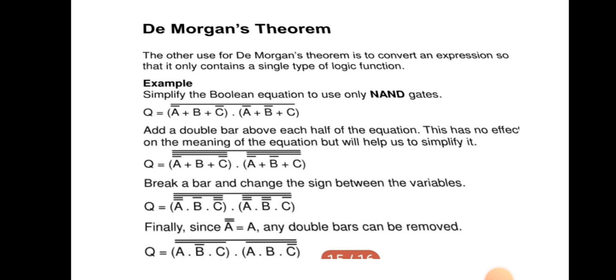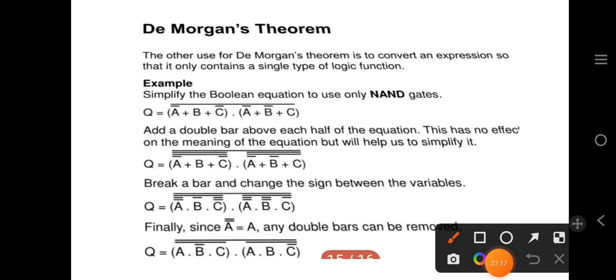Okay, so here you can see in this equation, you can see two bars are introduced below the complete bar. So this you will get the clear idea in the next equation. So what we have done, add a double bar above each half of the equation. This has no effect on the meaning of the equation but will help us to simplify it.